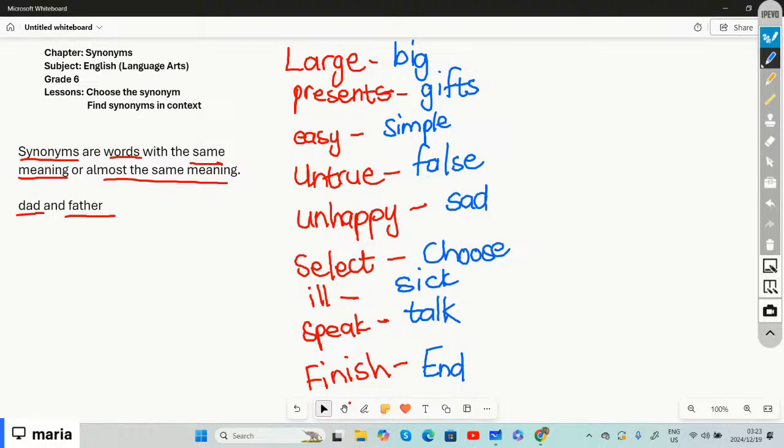All right. So these are basically words that are synonyms, right? It means that synonyms are words with the same meaning, or it's words with almost the same meaning. It means that if you write an essay or you're writing something, then you can use words that are similar in meaning, and that is to make your writing more interesting, right?